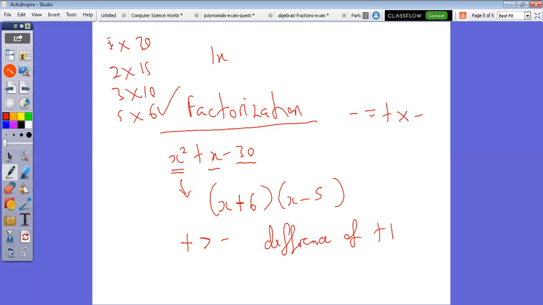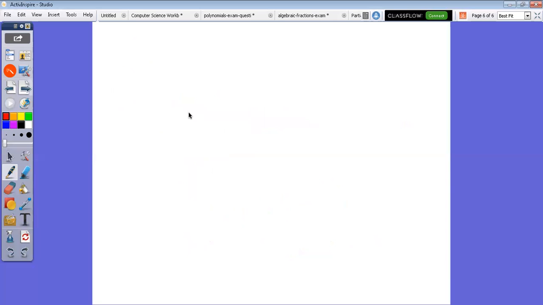Yes. So if we were to look at something slightly different from this, an almost similar concept, if we've got x squared minus x minus 30 to factorize. Because I have an x squared term here, I'm multiplying an x term by an x term. Then I inspect the last term.